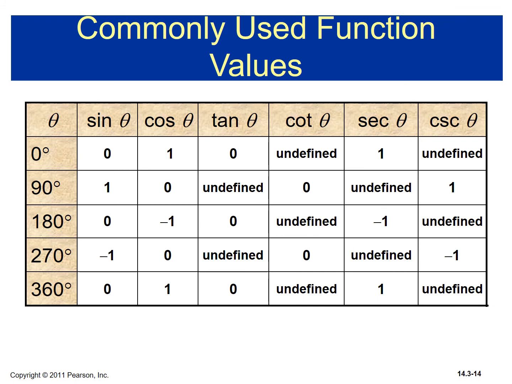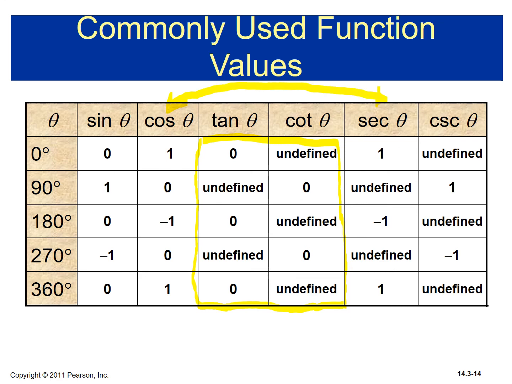The reciprocal of 0 is 1 over 0, which is undefined for cotangent. Undefined would be 1 over 0, so 0 over 1 is 0. Undefined again, 0, undefined. So notice within this realm here, cotangent and tangent just flip. The secant goes with cosine.